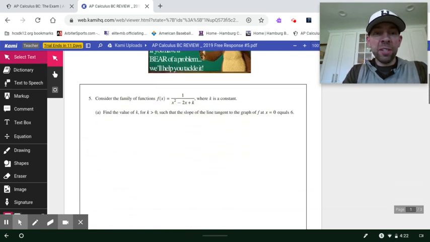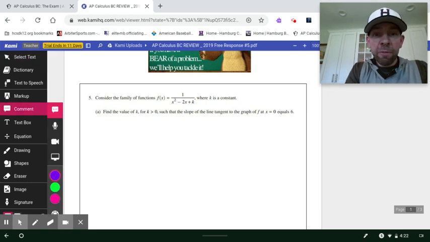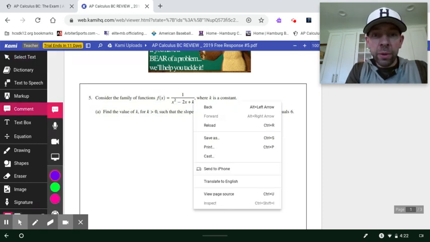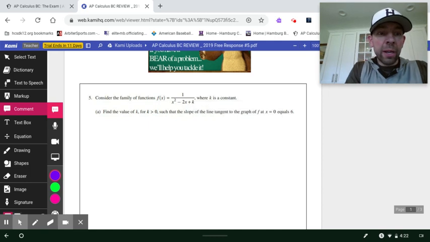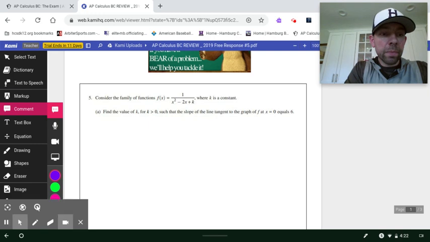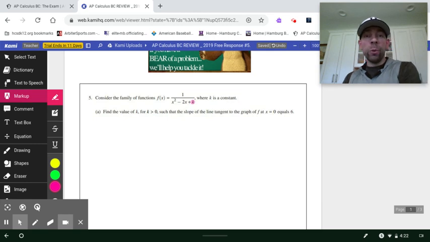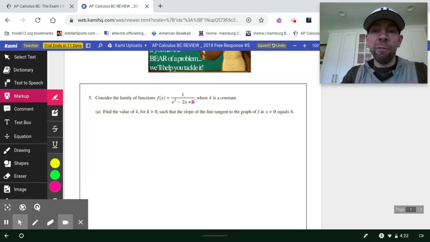So they've introduced us to what they call a family of functions, and that's not terribly unusual for them to throw in some unknown constant or coefficient here. Then throughout the problem, k will equal one number in Part A or Part B, and then they'll change it and say, let k equal a different number in Part C and a different number in Part D, and that continues to evolve throughout the problem.